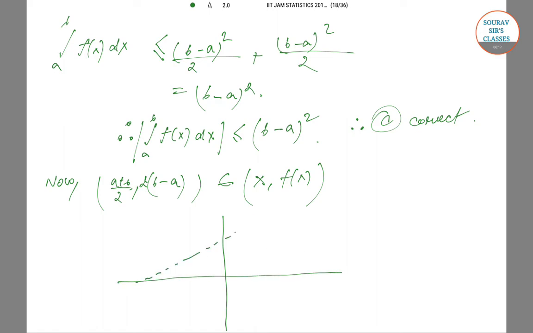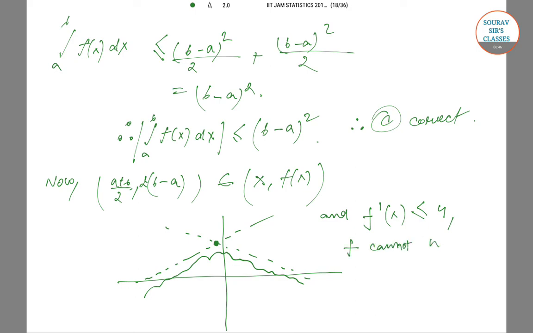Since the graph looks somewhat like this, and this is the intersection point of the two lines, and since f always lies below these points and f'(x) is less than or equal to 4, f cannot have a steep slope at any point.